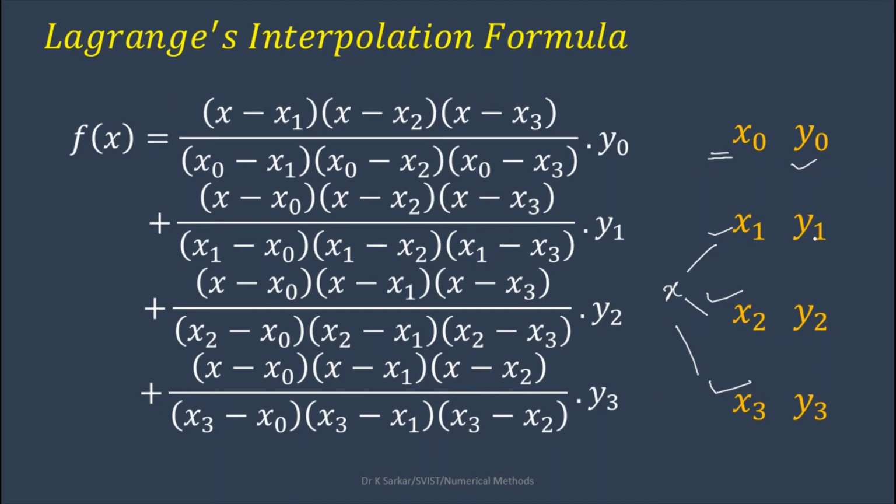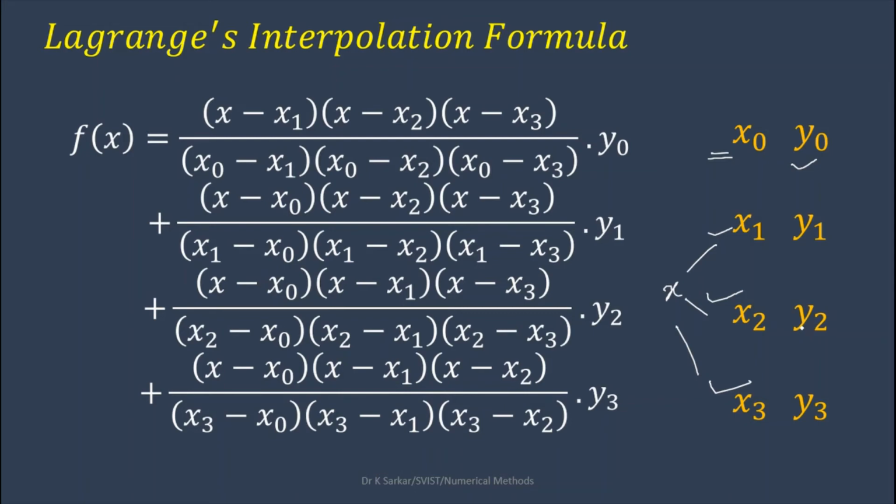The whole term is multiplied by y1. In the third term, leaving x2, x0, x1, x3 are subtracted from x. The same terms are subtracted from x2. The whole term is multiplied by y2.